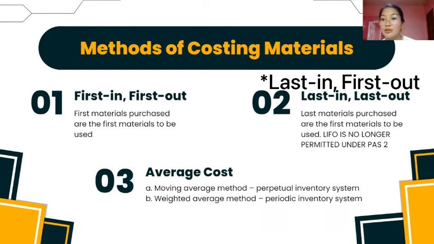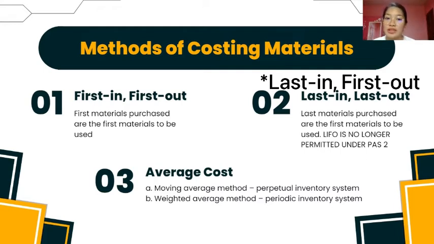This is actually no longer permitted kay maunsa lawar tong mga first nimo nga gipang purchase, di ba? What if sige kag issue sa katong newly purchased pud nimo, how about katong mga daan na? And then average cost method.